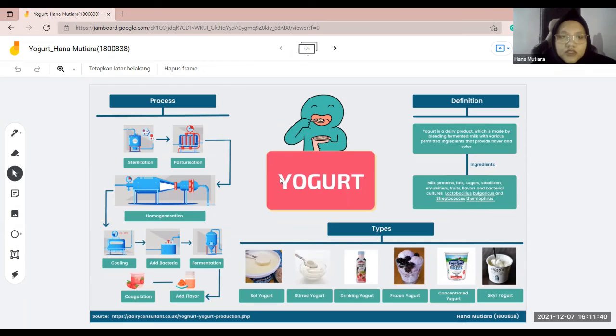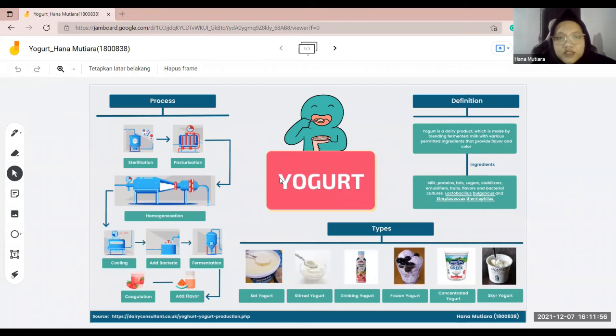So for the incubation, for the set yogurt, the incubation is made directly in the package, but for the stirred yogurt, the incubation is made in a tank.